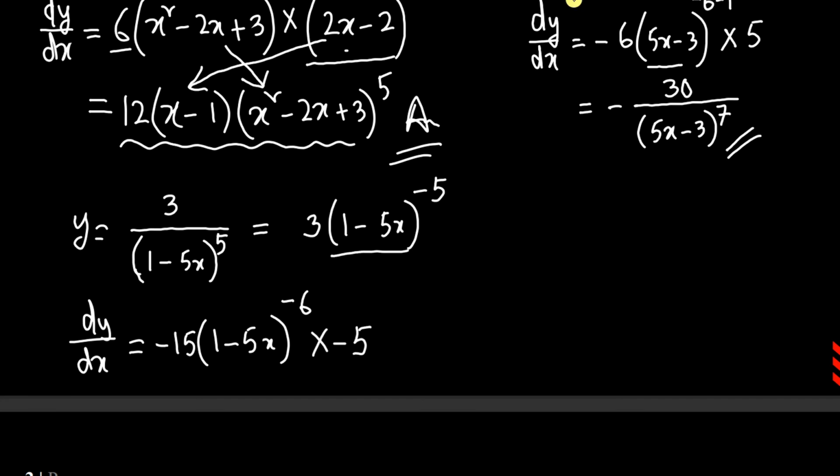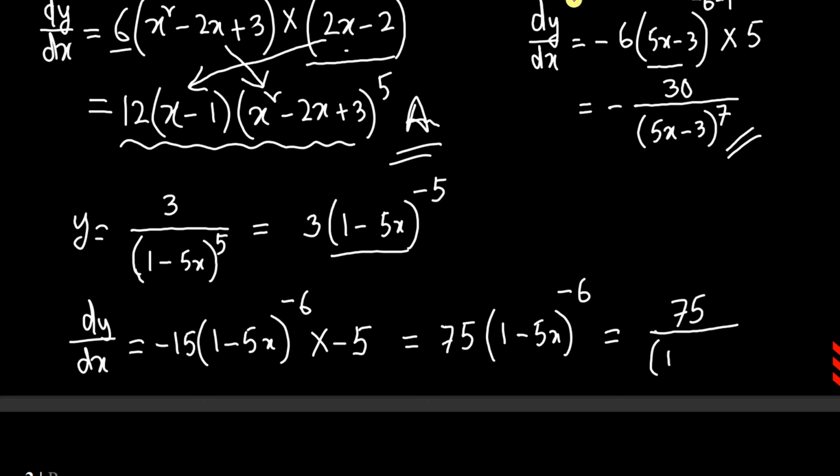So finally, minus 15 into minus 5 gives us 75. And in the bracket it is written 1 minus 5x to the power minus 6. So we can leave our answer that way, which is 75 divided by 1 minus 5x to the power 6. So this is our final answer.